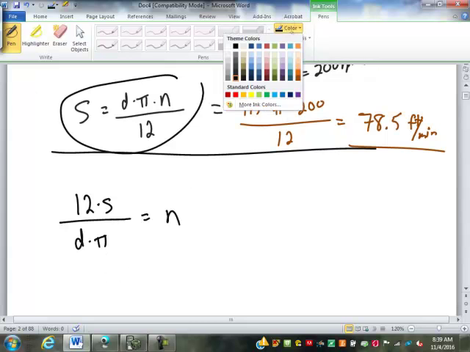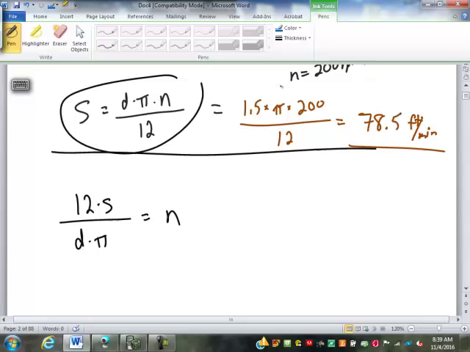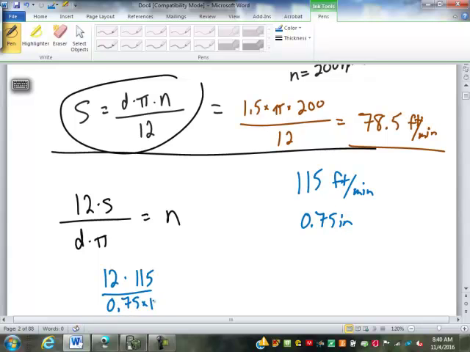So yeah, let's say that you have a material that is capable of a surface cutting speed of 115 feet per minute. Let's say you're going to use a mill on it, and you have a mill that has a 3/4 inch diameter. So you're going to do the same thing. This is going to be 12 times 115 over 0.75 times pi.